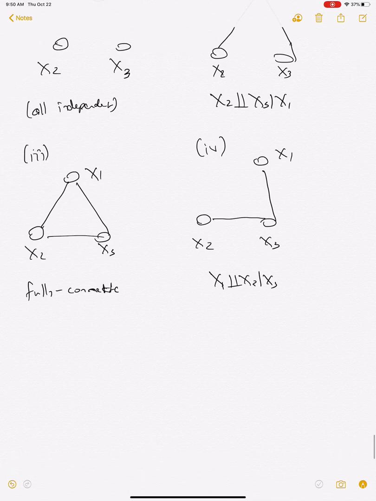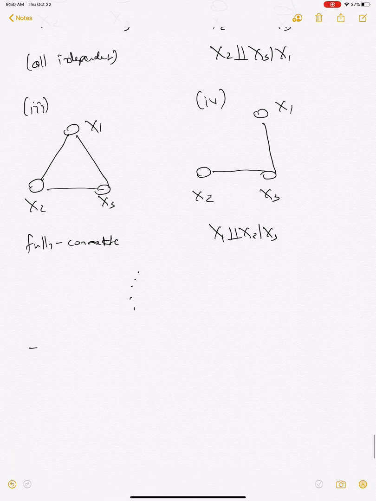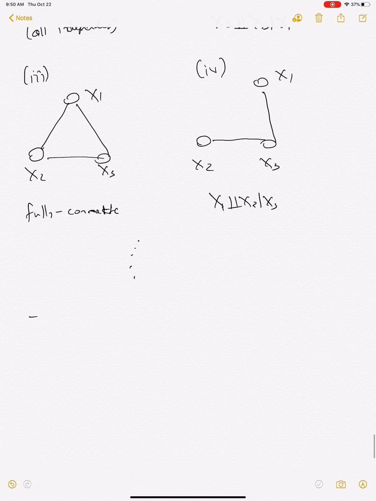And then there's many, many more. There are many different graphs to choose from.